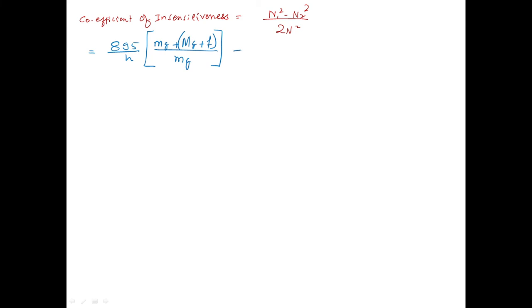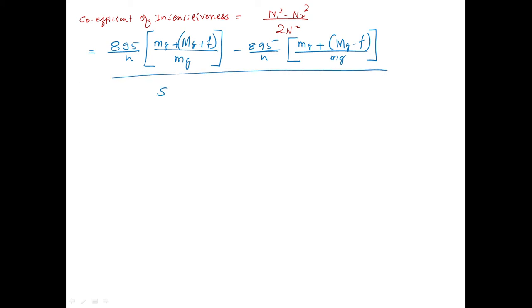Minus 895 divided by h, in bracket mg plus capital Mg minus small f, divided by mg, so all divided by, now without consideration of friction. Now we need to go for 2 here.